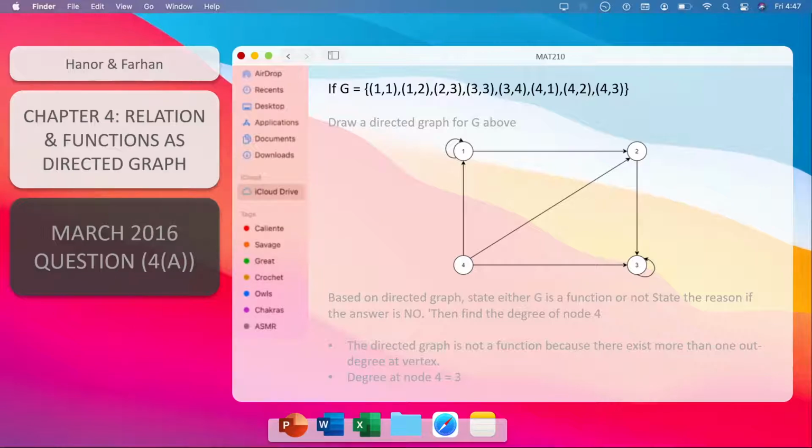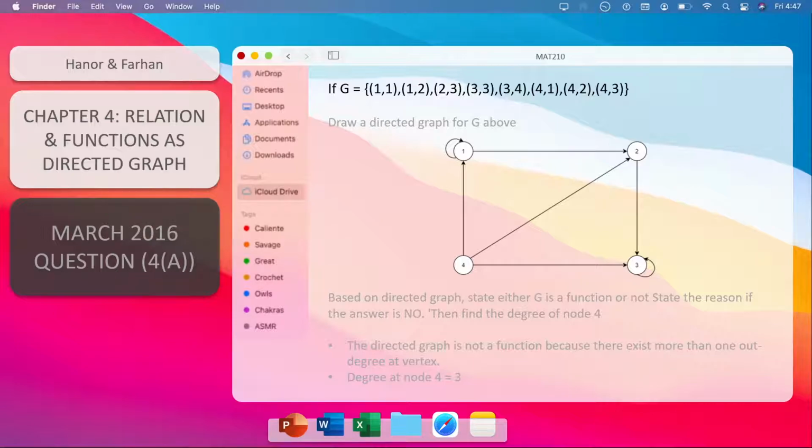Okay, so for the question March 2016, question 4A, the relation given is G equals (1,1), (1,2), (2,3), (3,3), (3,4), (4,1), (4,2), and lastly (4,3).